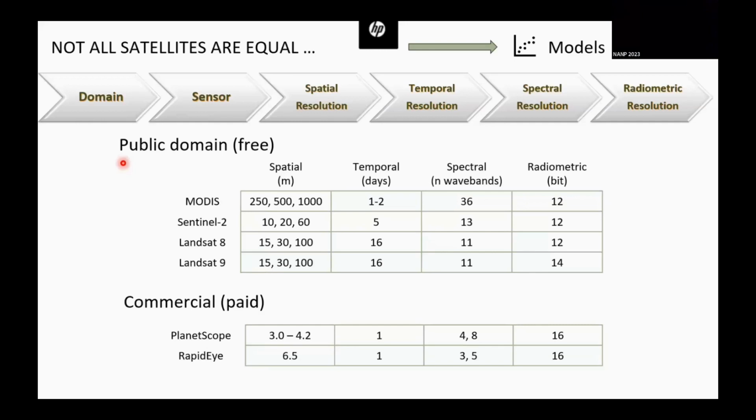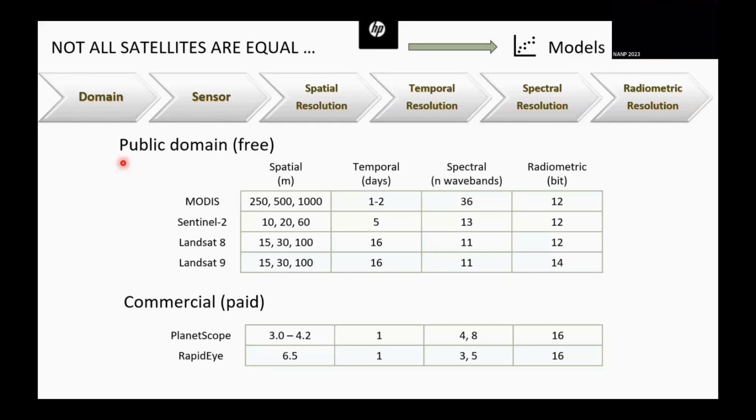Here you have the main resolutions that we need to seek when choosing a satellite. The spatial resolution is the minimal pixel size, or the minimal area for which the satellite can collect data. The temporal resolution is the time the satellite takes to revisit the same area.